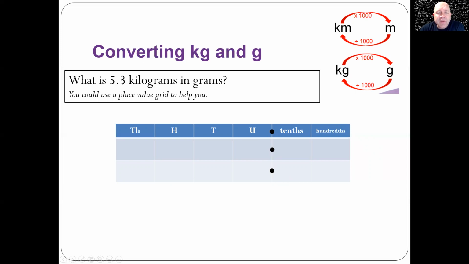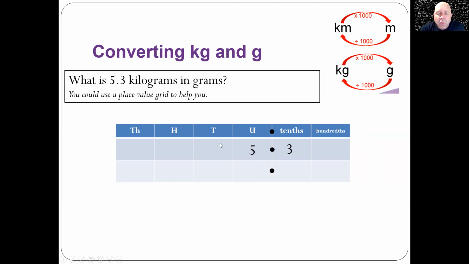Now we've got 5.3 kilograms, which we're going to place in our place value grid. There's 5 ones or units and 3 tenths. To convert from kilograms to grams, we are going to multiply by 1,000. Hopefully you know how to multiply by 1,000. All the digits move 3 places to the left. They get 3 places bigger.